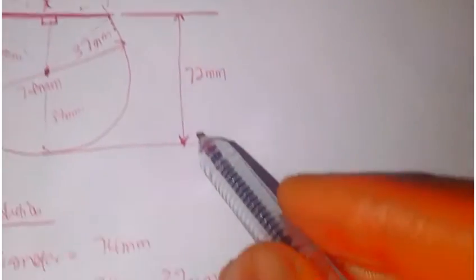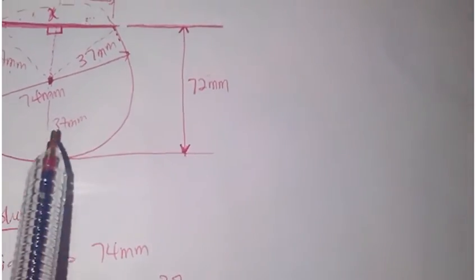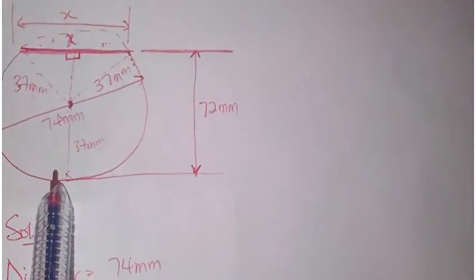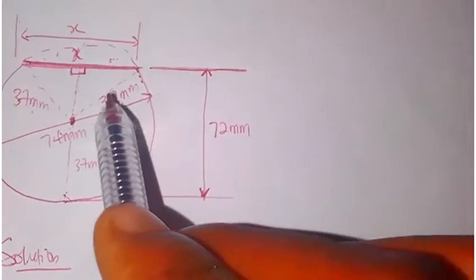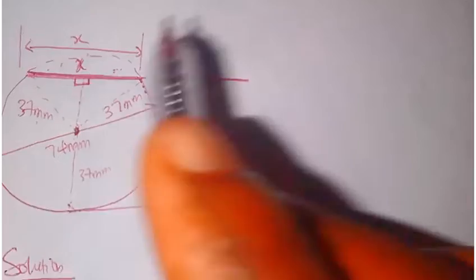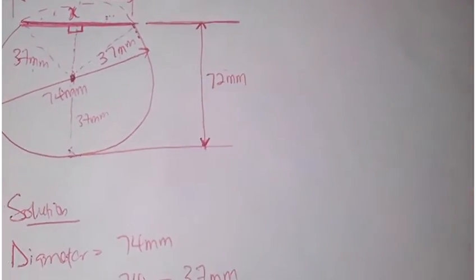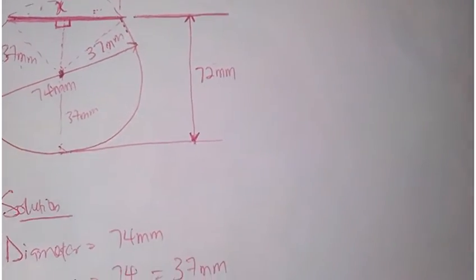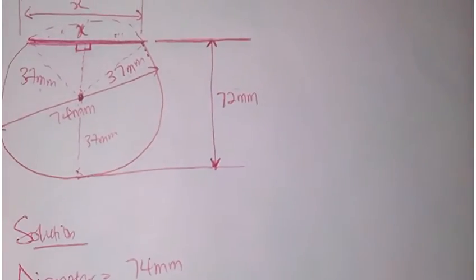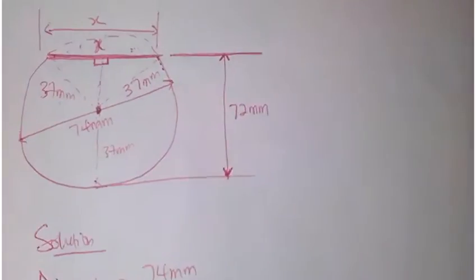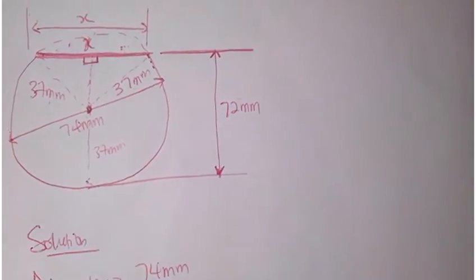That should also be simple. If this place to this place is 37 millimeters and here to this end is 72 millimeters, what will be from here to here? Very simple. I'm looking for this small height, small h.